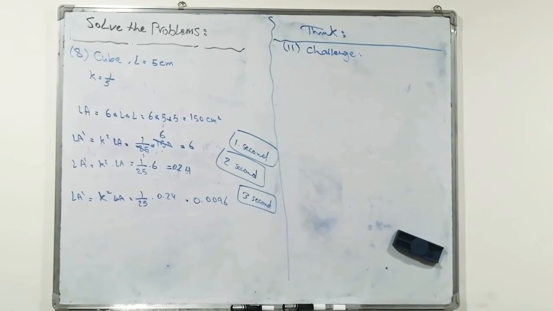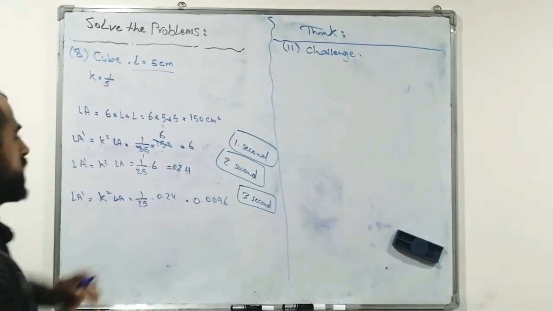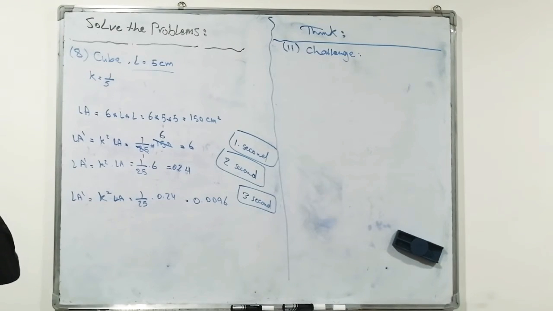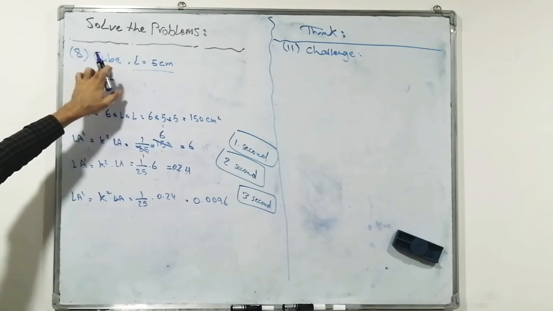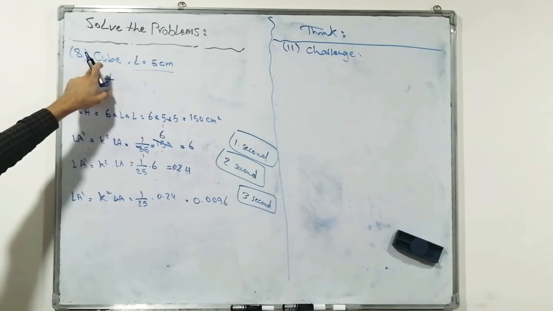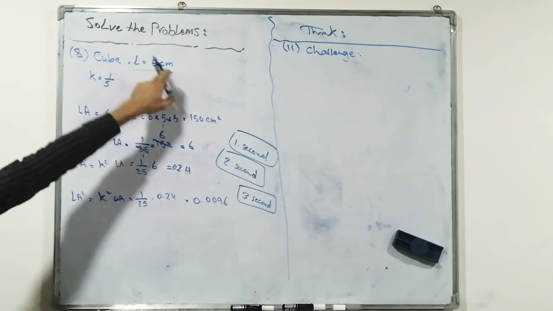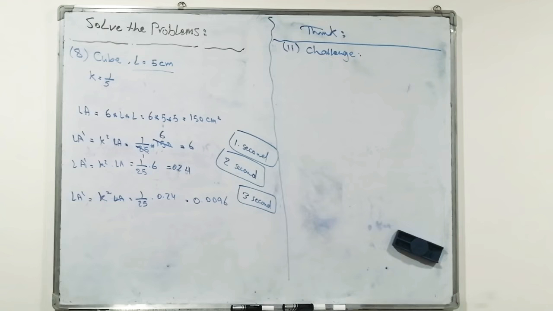Now solve the problem. Question number 8. We have a cube of ice whose edge length is 5 centimeter. It melts, keeping its geometrical shape, under the effect of dilation coefficient 1 over 5 in each second.